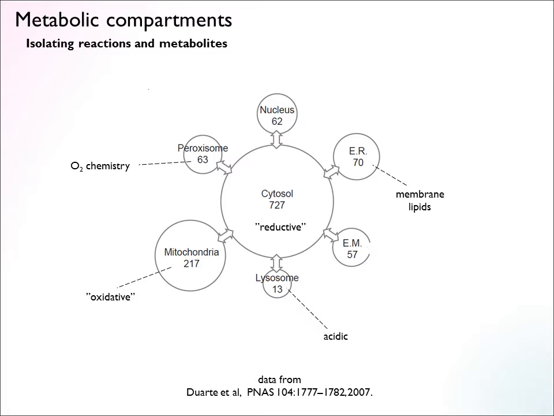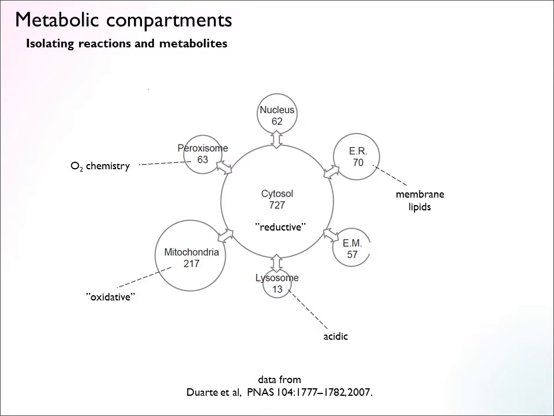And then there are some other compartments with specialized chemistry. The peroxisomes do particular oxygen chemistry. We have seen that there are some fatty acid oxidation reactions that require this type of peroxide chemistry, so that's isolated to that compartment. Lysosomes are acidic, so we can sequester the special reactions that require low pH in that compartment.